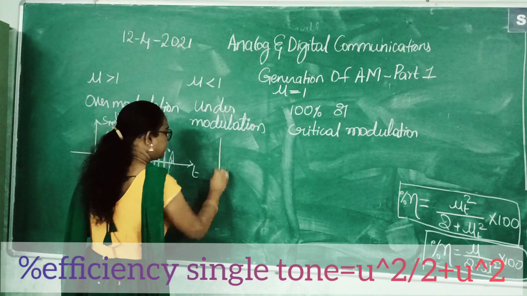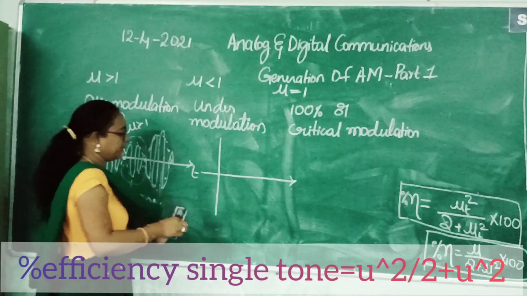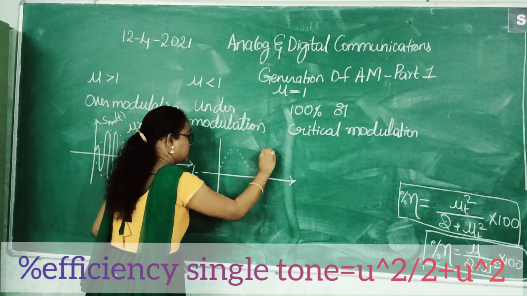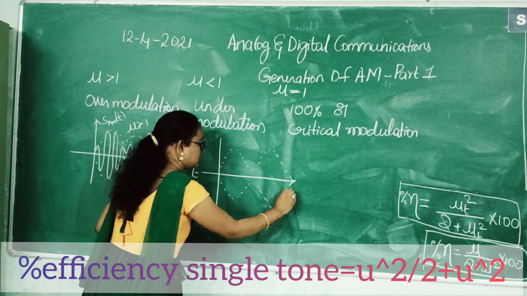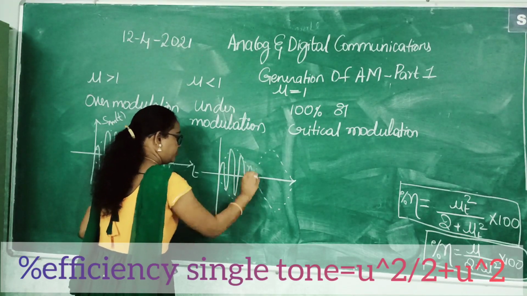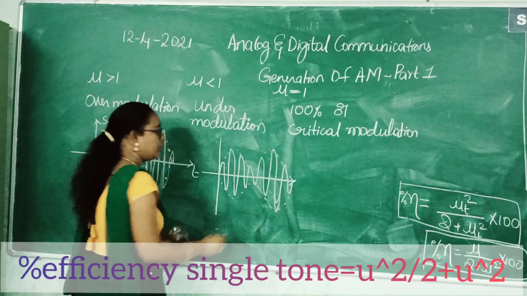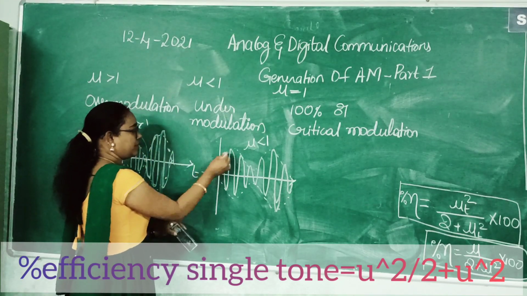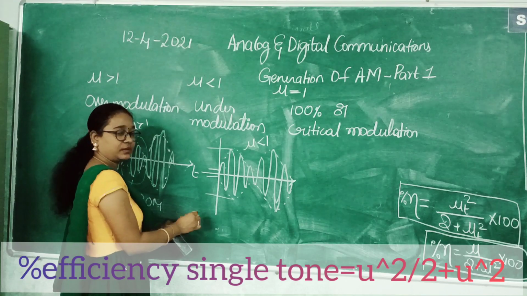Coming to the under modulation, the modulation waveform appears like this. This is how the amplitude modulation appears for mu less than 1, where we know this as V minimum, this as V maximum, this as minus V minimum, minus V maximum.